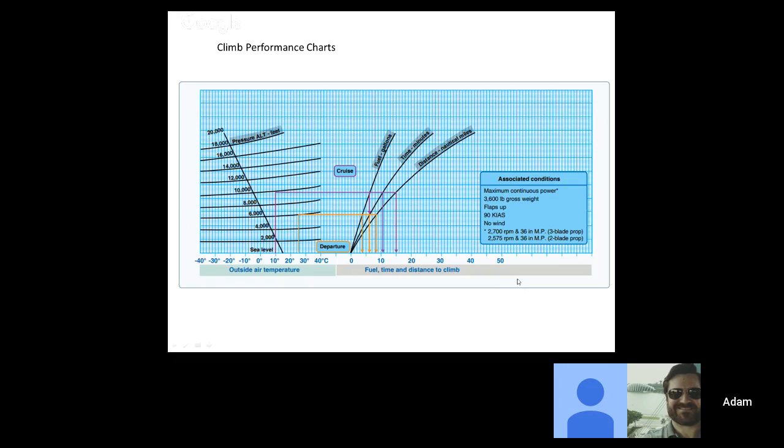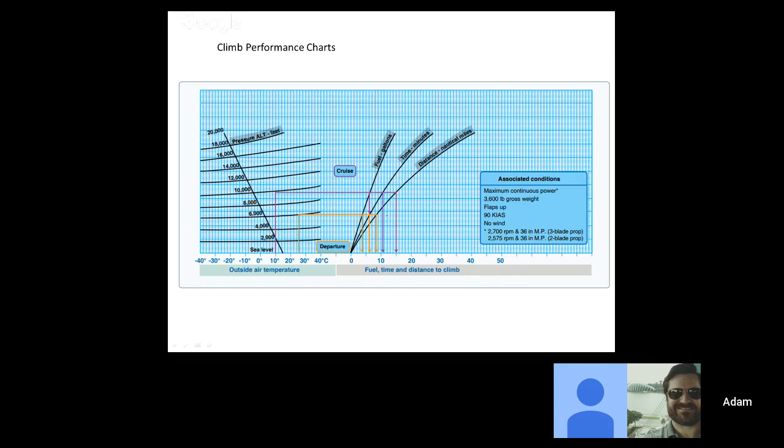And as you might imagine, the pilot's operating handbook is going to have a whole host of climb performance charts. This particular one, going along the lines of our more sophisticated performance charts, is actually going to help you calculate climb distance, time to get there, and how much fuel you will burn up to your cruising altitude.